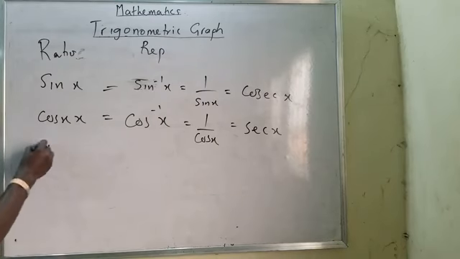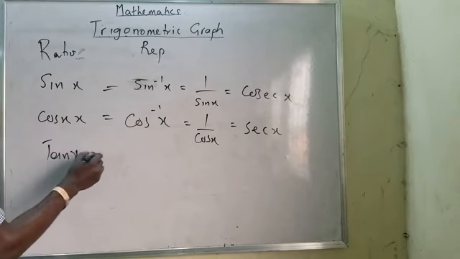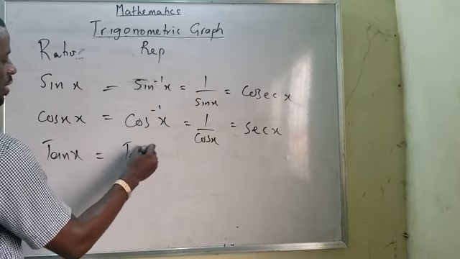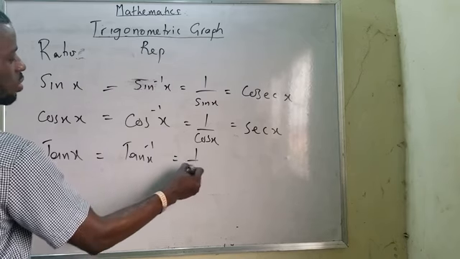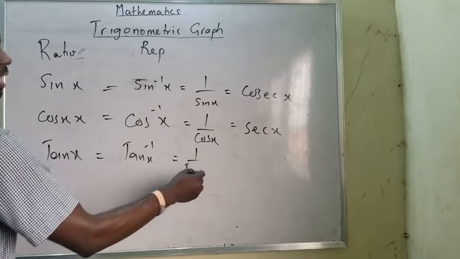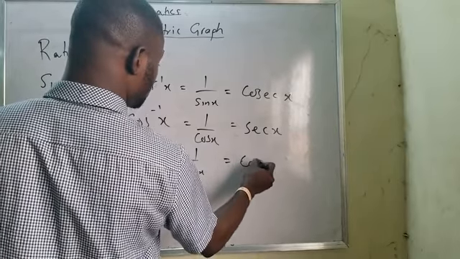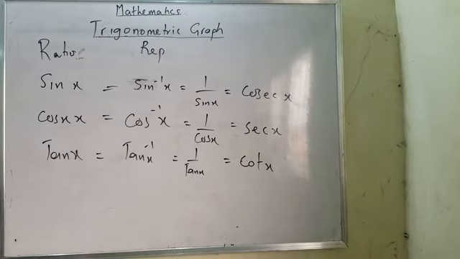And also, if I have my tan x, the reciprocal of tan x is tan inverse of x and 1 all over tan x, and also the same thing as cot x. Please take note of that.